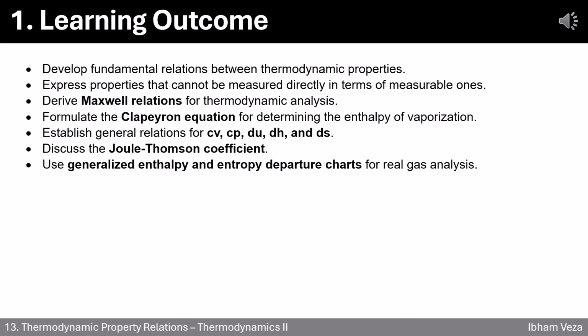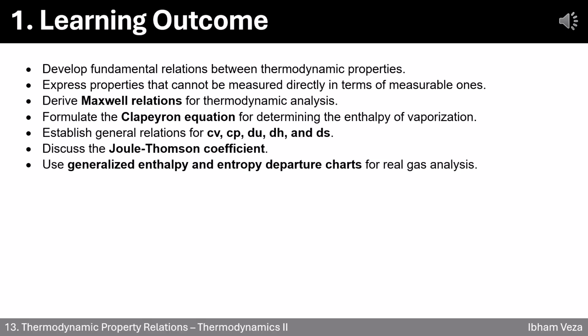Let's start with what you will achieve in this chapter. Every learning outcome here serves a practical purpose, helping you calculate and understand properties that are otherwise hidden. You'll learn to develop connections between thermodynamic properties so you don't always need to rely on experimental measurements. For example, Maxwell relations will become your go-to tool for transforming complex equations into something simpler.